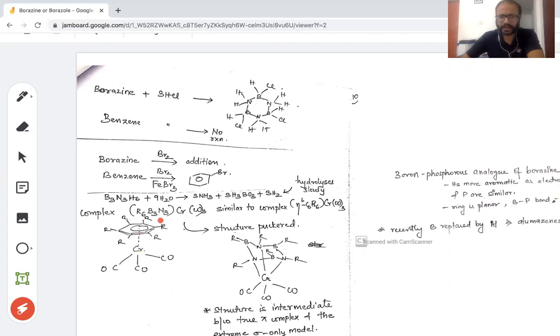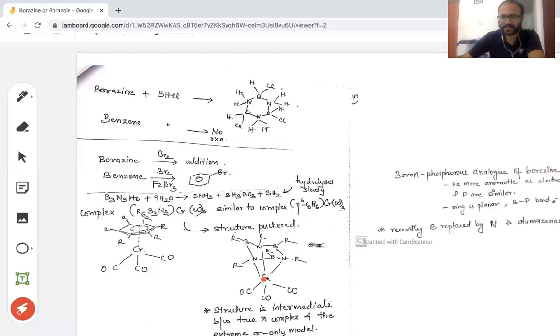However, when you compare with a similar compound of borazine, the only difference is that instead of benzene you have a borazine system. You are not having the usual pi electron coordination with the metal atom, but rather it forms a bond with the nitrogen and they form a puckered structure.